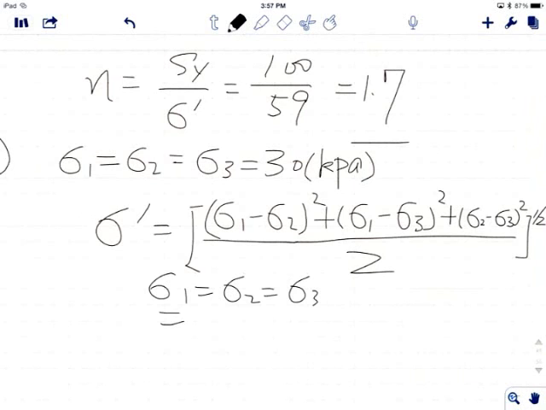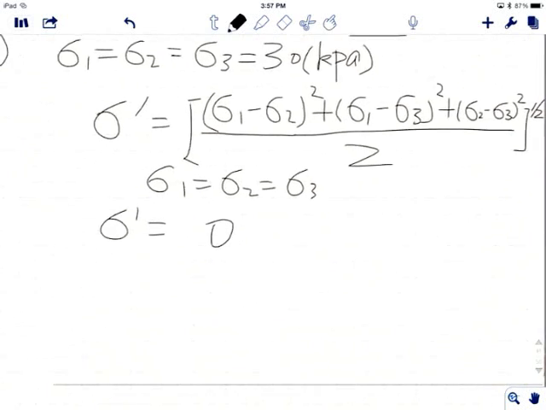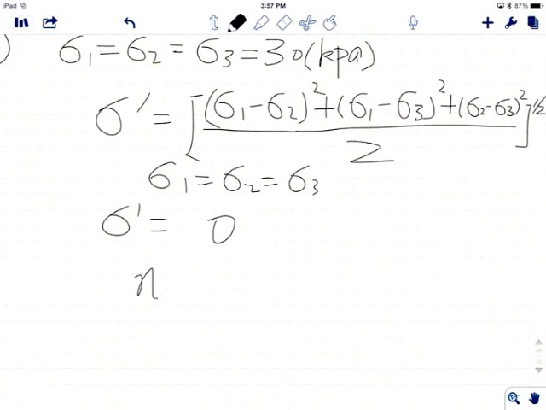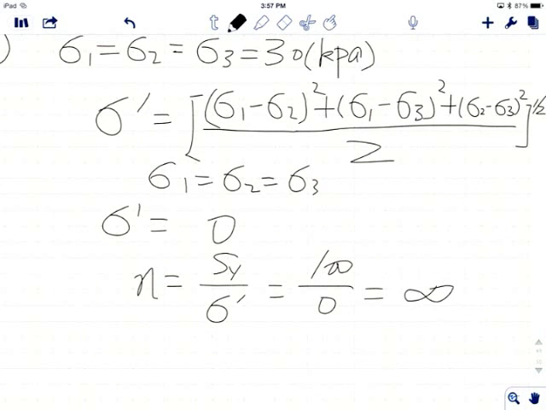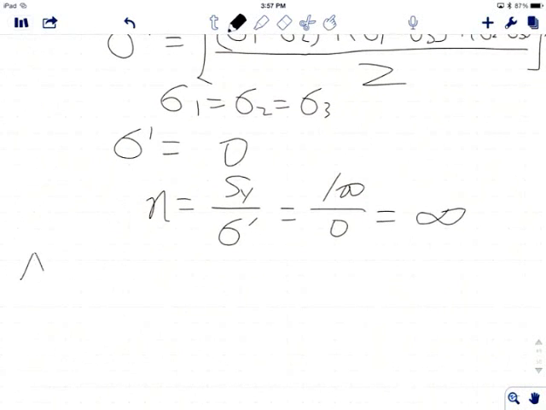So this von Mises stress equals what? 0, right? So that tells you there's no distortion happening here. And we know for distortional energy, failure is caused by distortion. So therefore, once you have a 0 in the denominator, then you get infinity, right? We'll discuss this infinity in a minute.